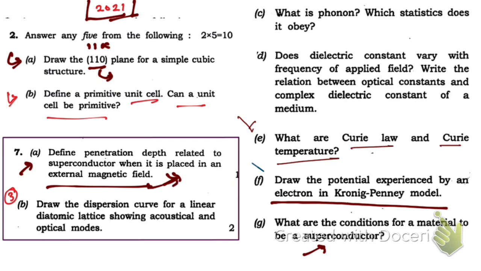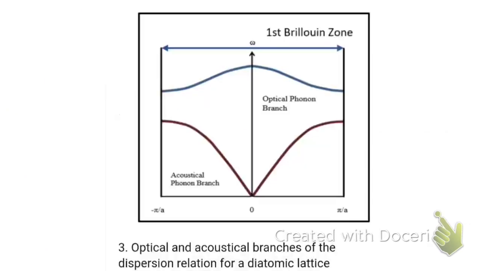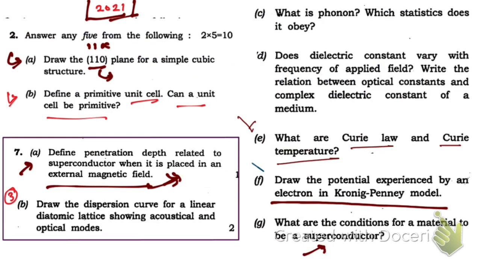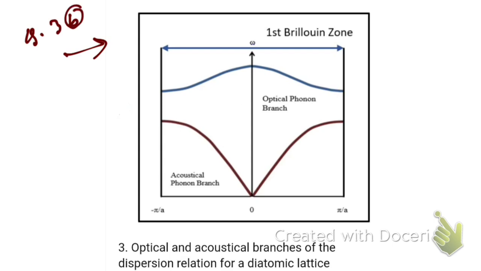Now the next question is 7b, draw the dispersion curve for a linear diatomic lattice showing acoustical and optical modes. So here is the required curve for this question. Sorry, not 7b actually, 3b. In the 2021 paper, this question is given in 3b.